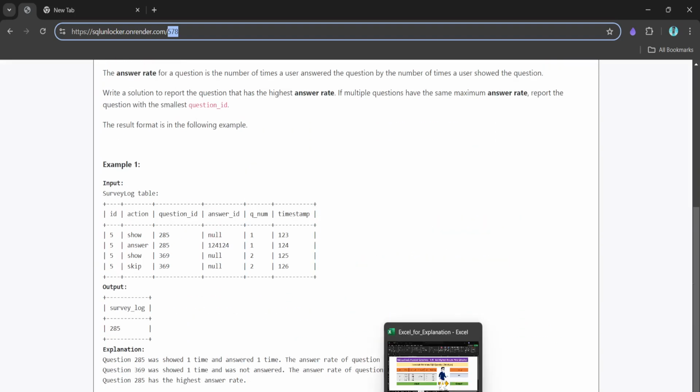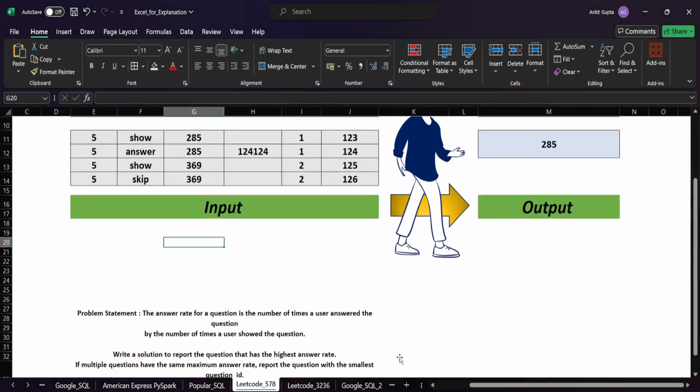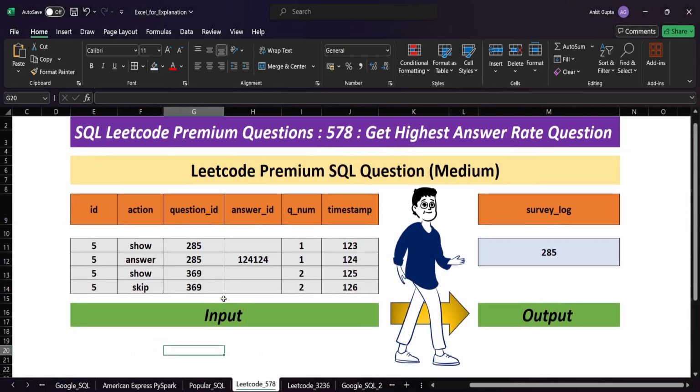Okay, so in this problem we have been given one table with 6 columns, where we have the logs of the user. This is basically the logs of a coding platform, right? So we go to the platform, the question is shown, and we either answer the question or skip it.